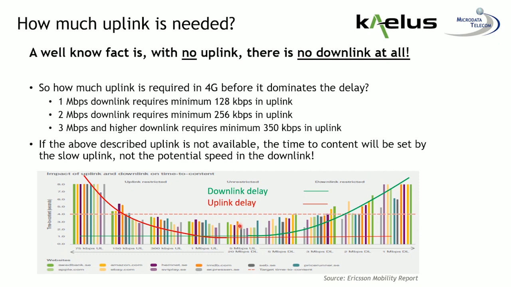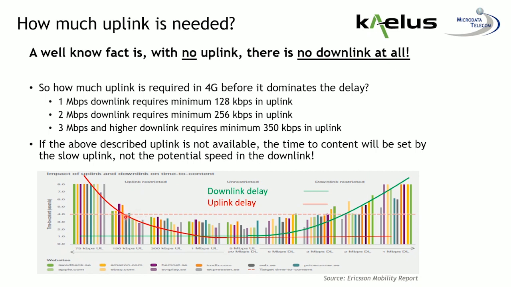We can see that with 20 megabits available in downlink, it performs roughly like somewhere in between 20 and 5 megabits. It starts to be slightly hurt. If we now slow down to 150 kilobits, remember, still having 20 megabits of downlink performance, but only 150 kilobits in uplink, we can see that 5 of those applications breach the 4-second line, and all the others are approaching the unacceptable limits.